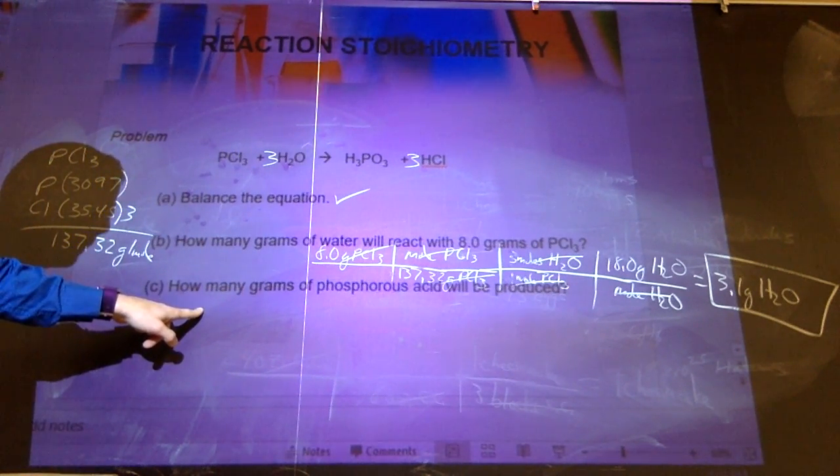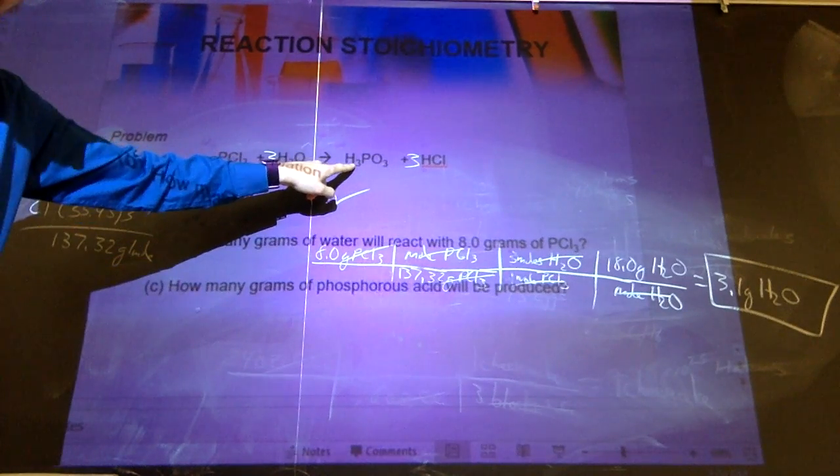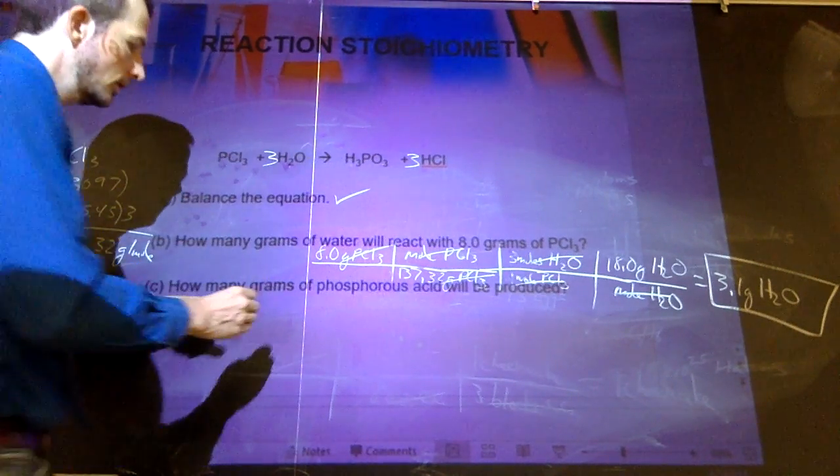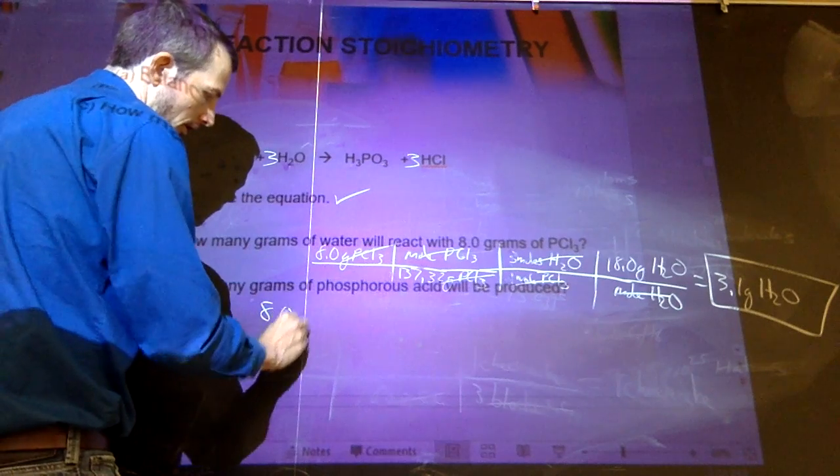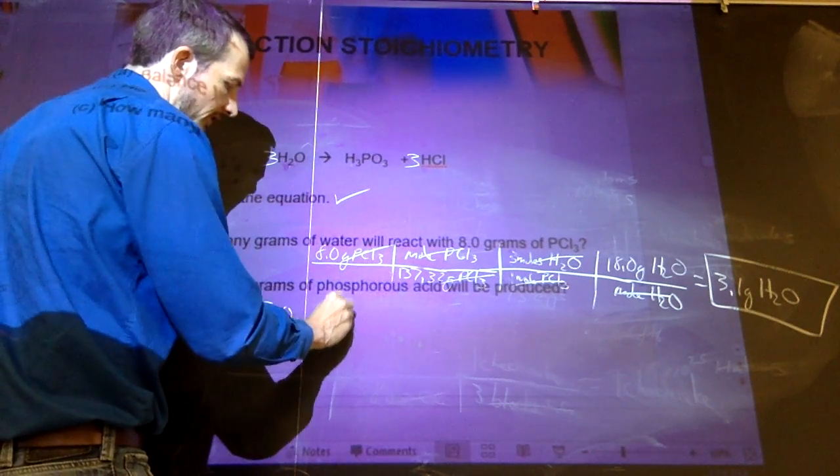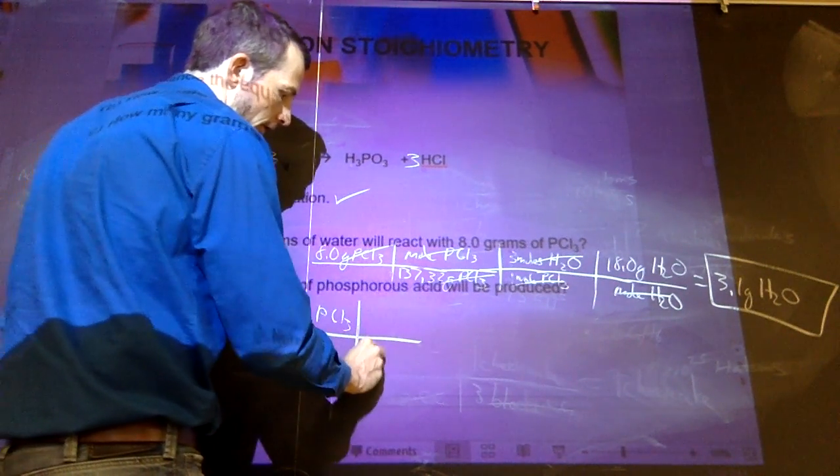So how many grams of phosphorus acid will be produced? So this phosphorus acid here. So again, I'm going to start with 8 grams PCl3. Convert it to moles.